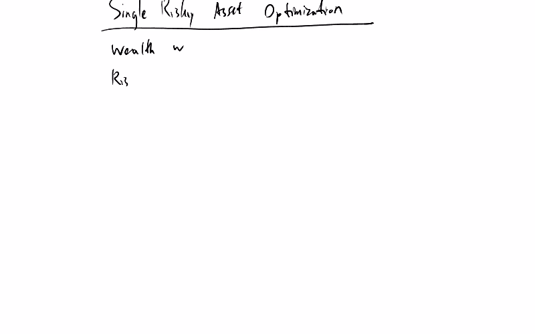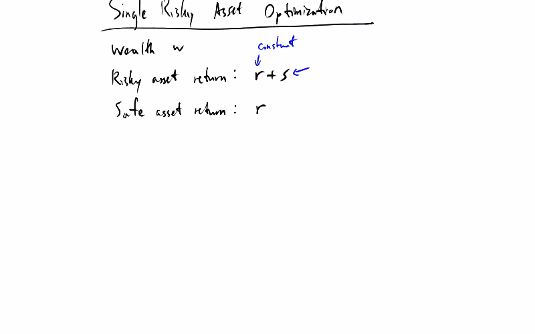The risky asset has return R plus S, whereas the safe asset, the risk-free asset, has return just R. Now, in this setup, R is a fixed number, a constant. And S is random.